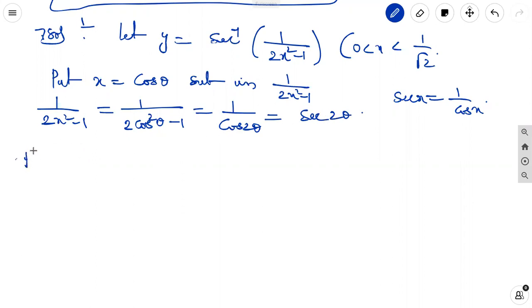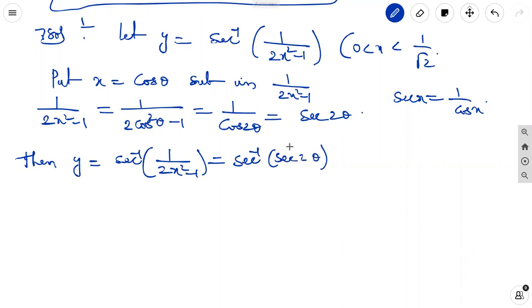Then y equal to secant inverse of 1 by 2 x square minus 1 equal to secant inverse of secant 2 theta. Secant inverse get cancelled. We are getting 2 theta. Here x equal to cos theta, y equal to 2 theta.